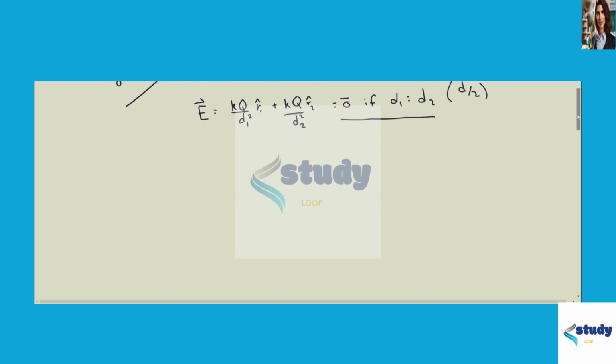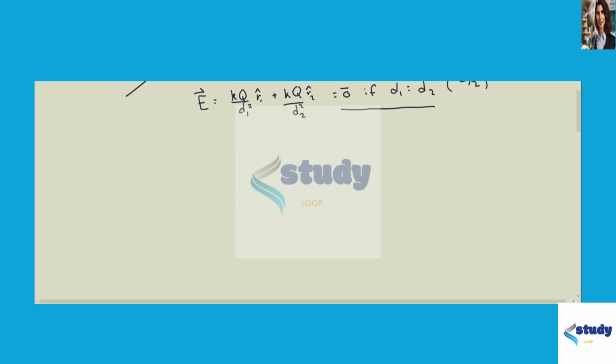And now as a second case, we're going to look at a positive charge for 1 and a negative charge for 2. And again, we'll put them a distance d apart. And again, ask, can the potential be 0? So let's take a look.